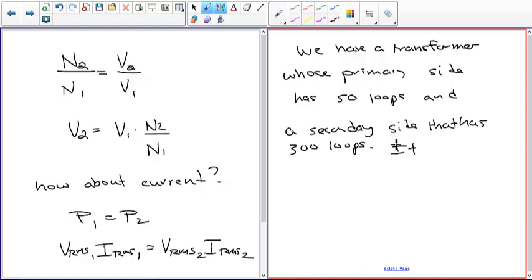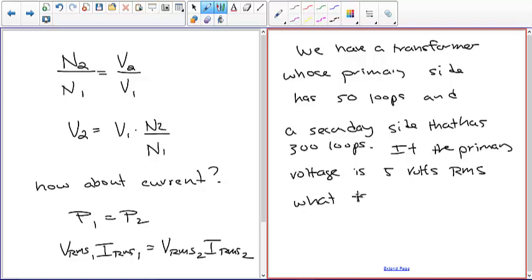If the primary voltage is 5 volts RMS, what is the voltage in the secondary loop?